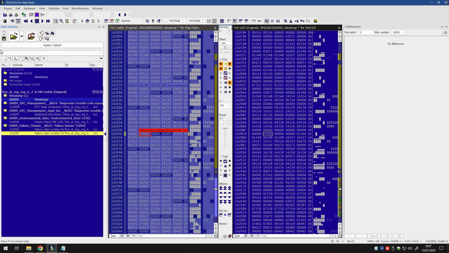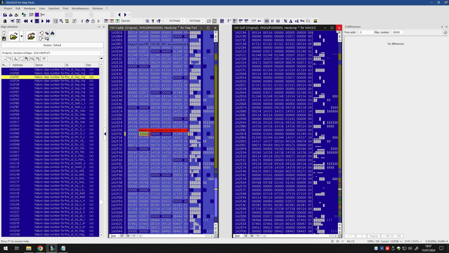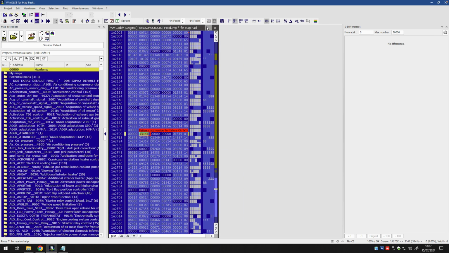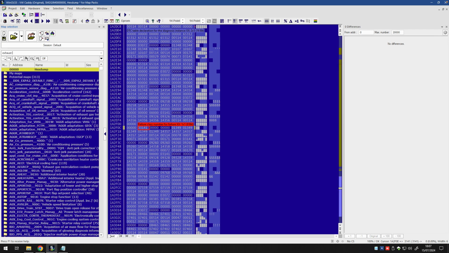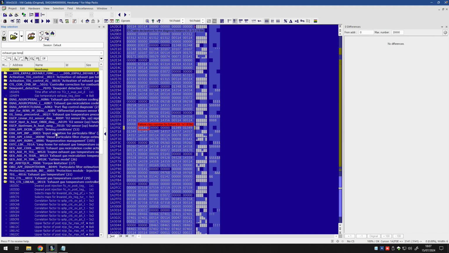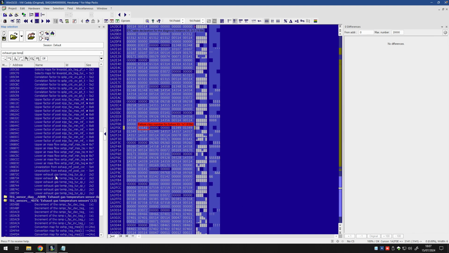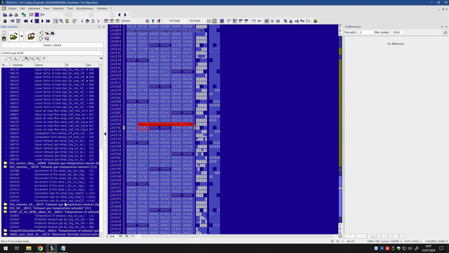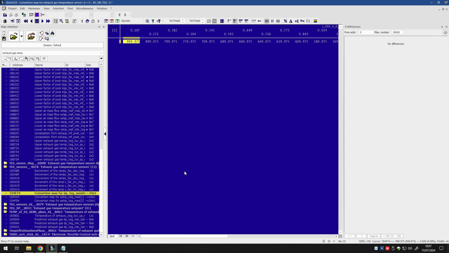If we have a look through the map pack a bit further, just as a sort of insight into modifications, if we were removing these sensors, what we would actually want to do is look at these conversion maps for the temperature. So if we were mapping these out, what you've got here is obviously the voltage returned by the sensor, going from 0 to 3.3 volts on this, and then an associated temperature in degrees.